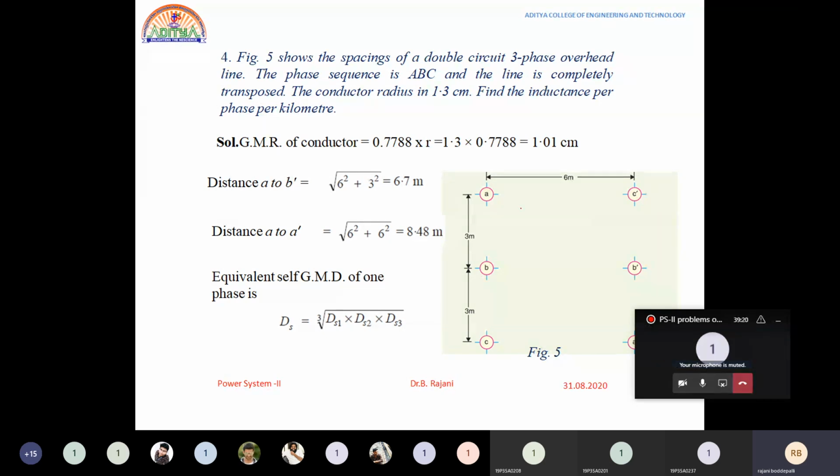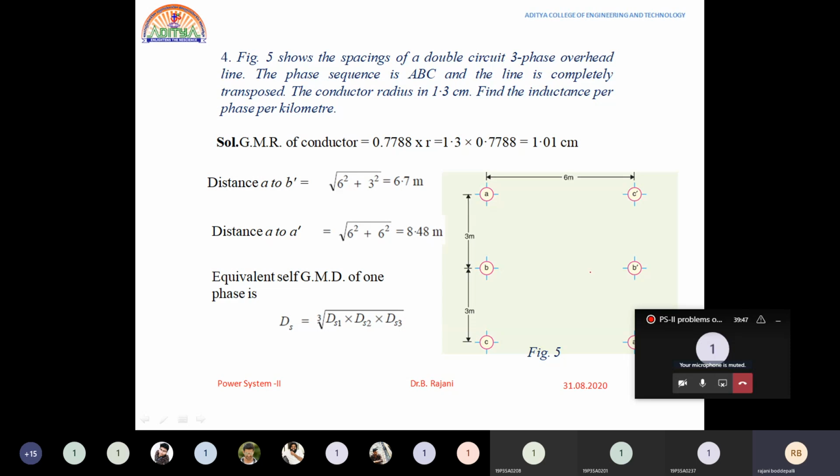The same distance holds between C dash to B dash and B dash to A dash, because these are parallel to each other. The diagram is given in the question in this fashion.